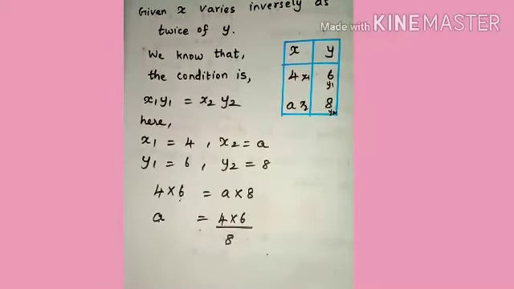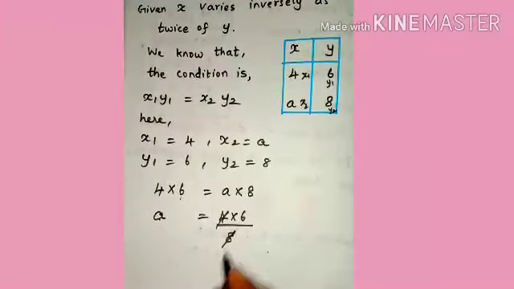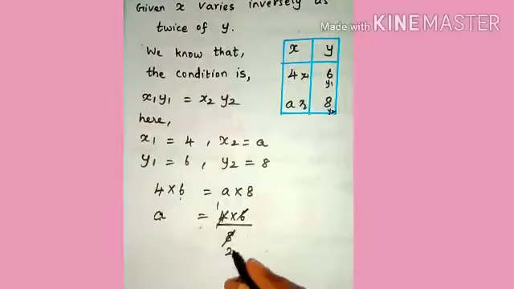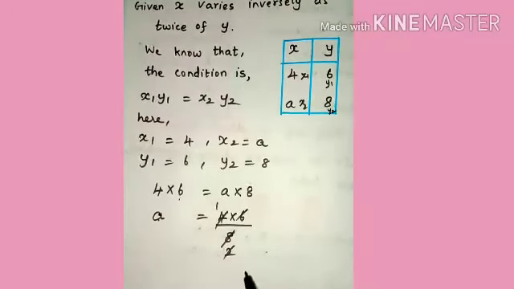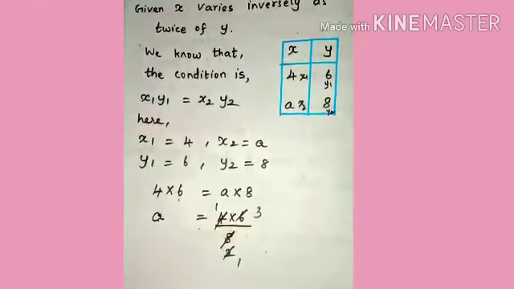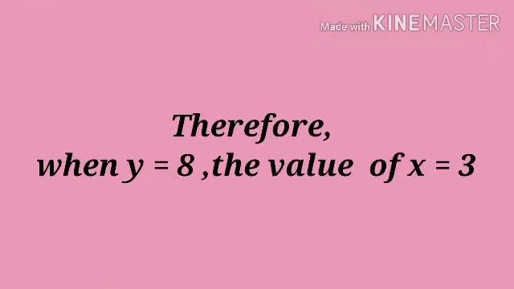Now cancelling 4 and 8, here it is 1 time and here it is 2 times. So again 6 and 2, by using the 2 table, here it is 1 time. Here in the numerator it is 3 times. So the value of a is 3. When y is equal to 8, the value of x is 3.